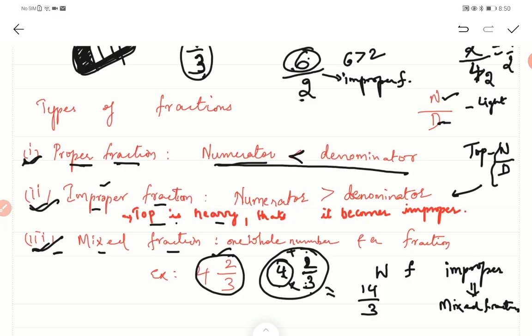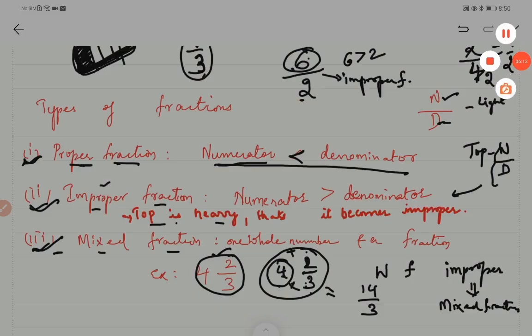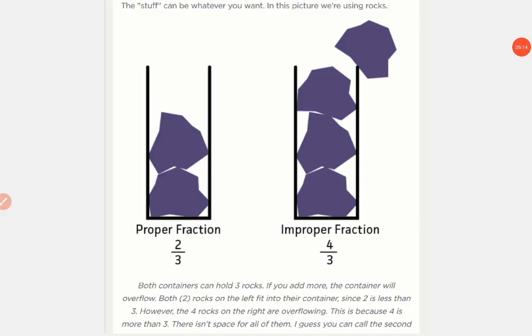All right, so let me take one scenario. Look at this example, it will be very clear. You have one container. In this container, you place rocks.